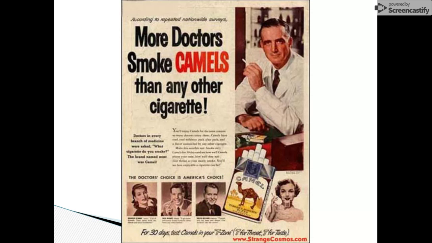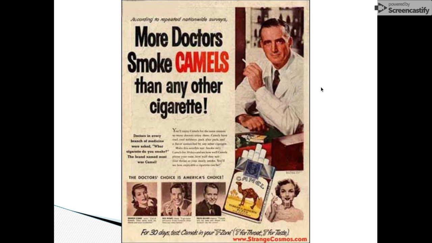Okay, interesting. We look throughout history, more doctors smoke Camels than any other cigarette. Right before we knew that things like smoking had carcinogens in it, and they could lead to lung cancer, something like 10 to 20 times the threat of lung cancer.